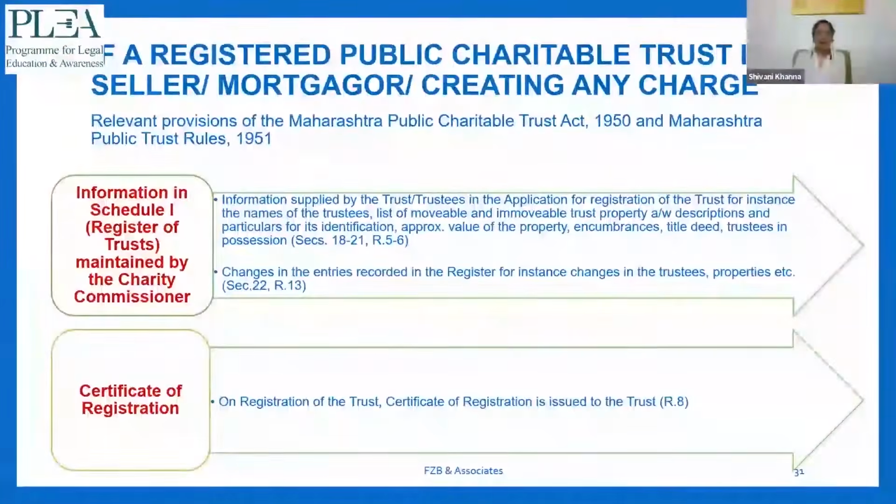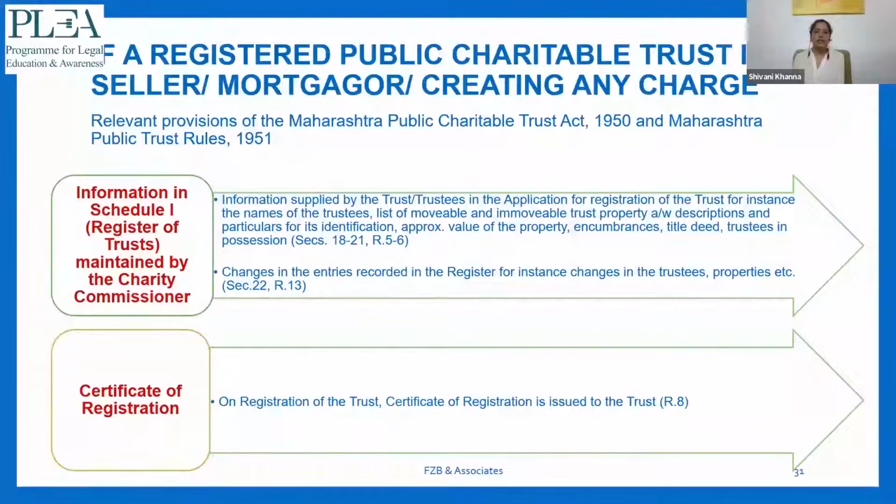We now come to the last topic that I will be covering, that is if your client is a public registered trust under the Maharashtra Public Trust Act, or the trust is a seller. Similar to the company where the ROC is supposed to be notified, here there is a Schedule 1 which is maintained by the Charity Commissioner.